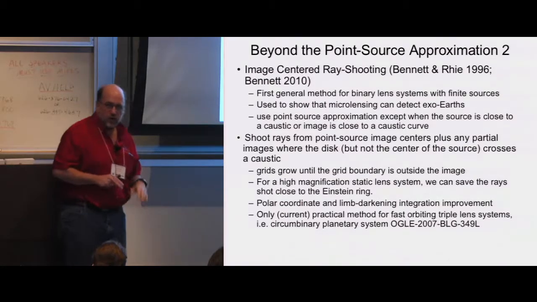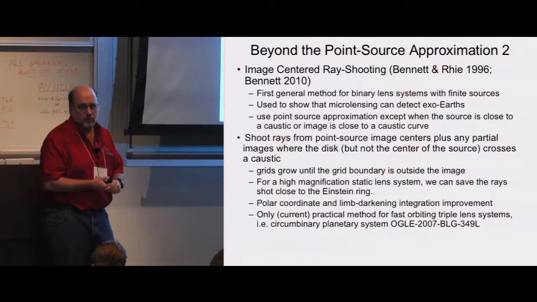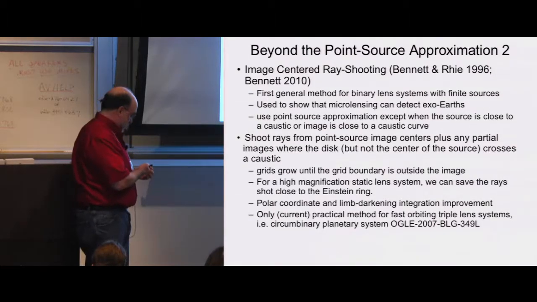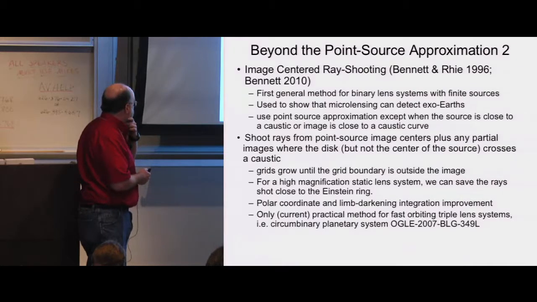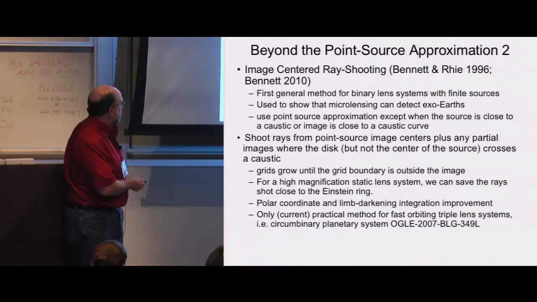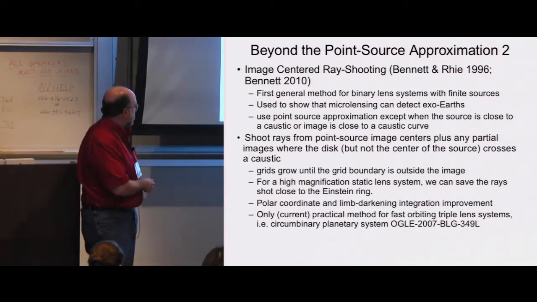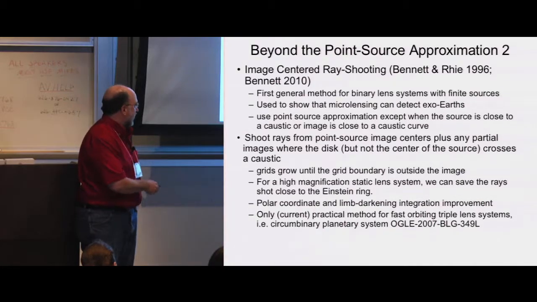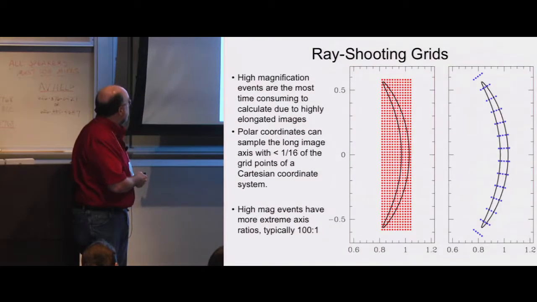This is pretty flexible, and we got it to work pretty well for triple lenses. Should work as well for quadruple lenses. It's very useful to use polar coordinates. And I think currently it's the only practical method for fast orbiting triple lens systems. So we used it for this circumbinary planet event that we published last year.